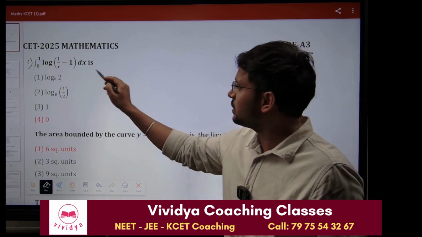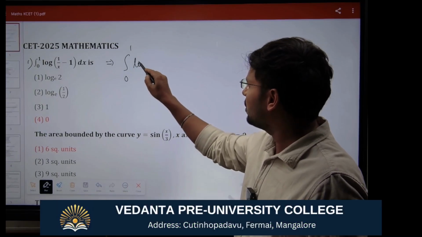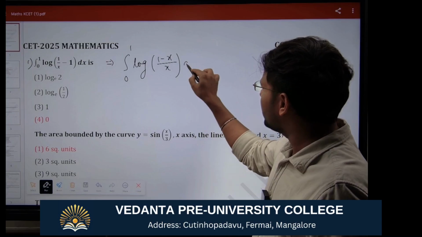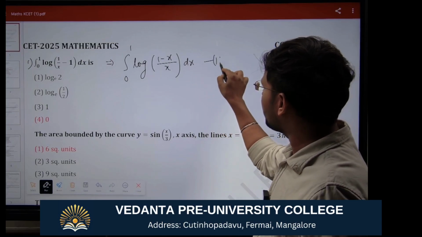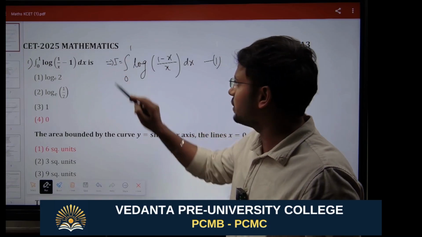As you can see, by the property, first if we simplify, this is going to be integral 0 to 1 log (1 minus x) by x dx. I will assume this is equation number 1.